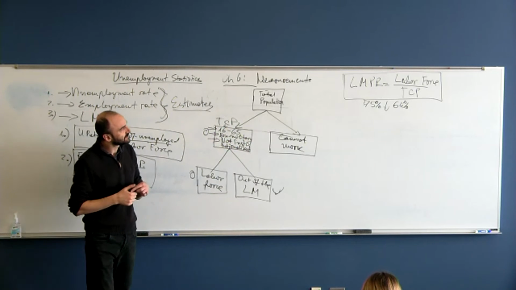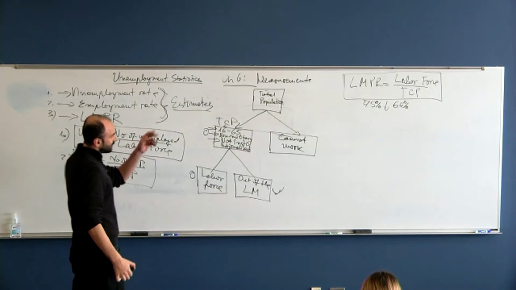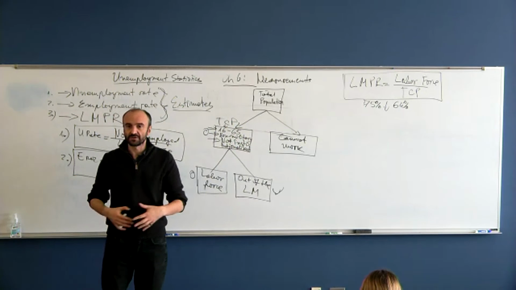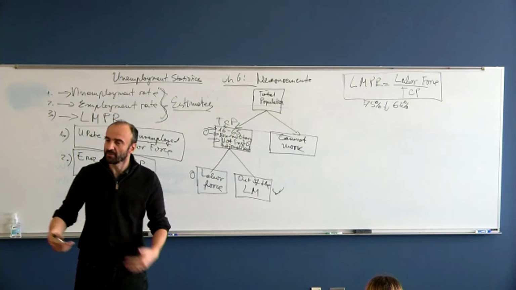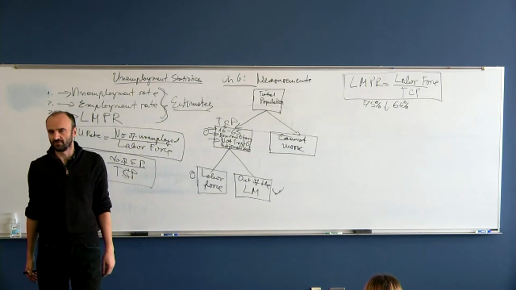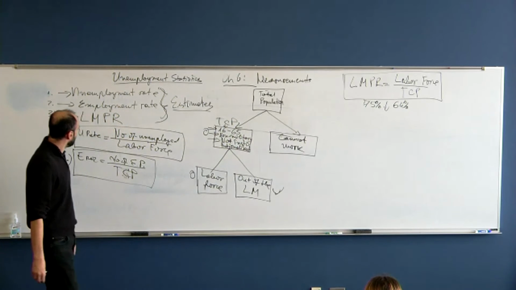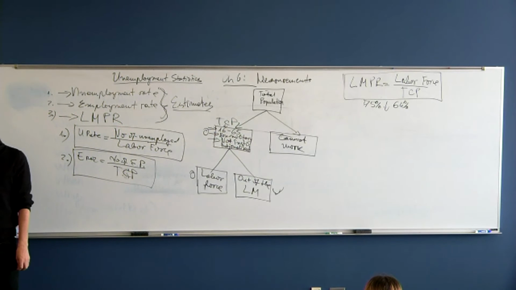So that's the reason why this labor market participation rate is necessary as a corrective, or as a supplement. It's a supplementary statistic to give you a fuller picture of the labor market.